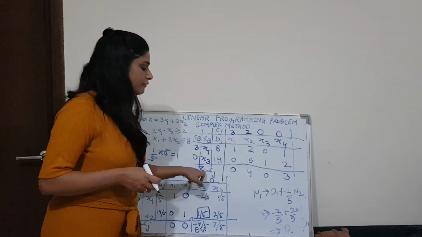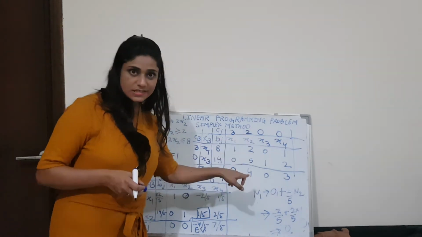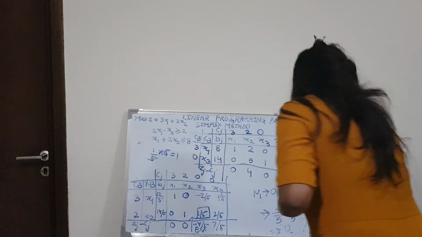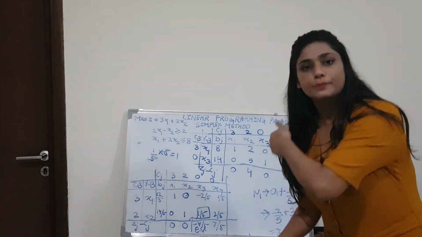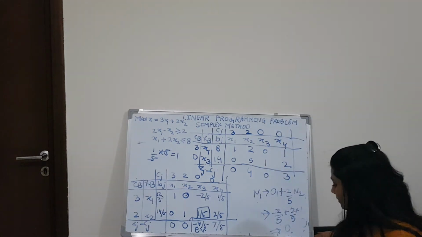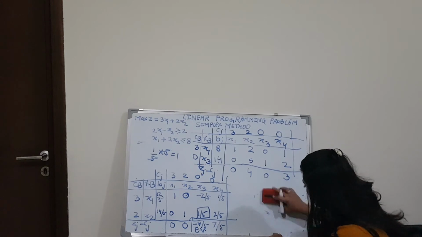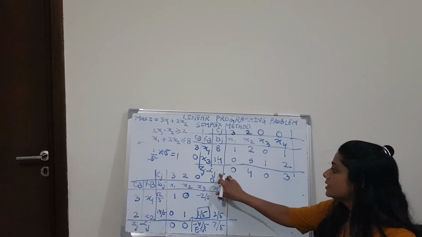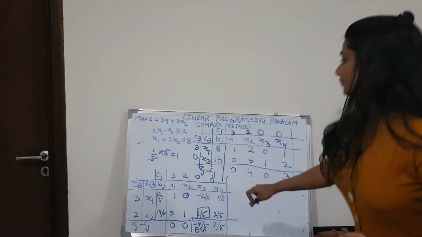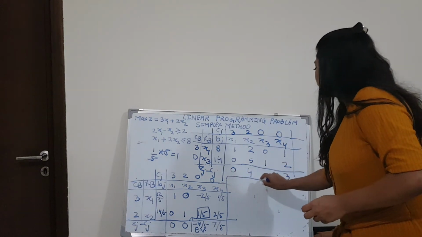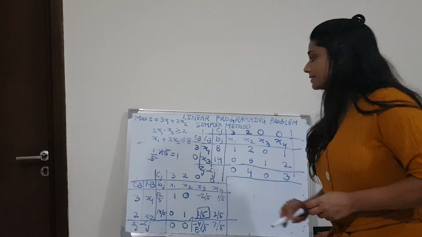Now we can see we have all positive values of Zj minus Cj. So we will get our solution from this table only, because Zj minus Cj should be greater than or equal to 0. So in this row we have all positive values of Zj minus Cj.